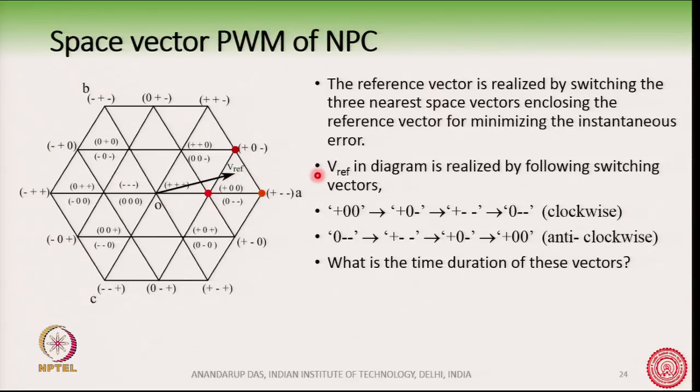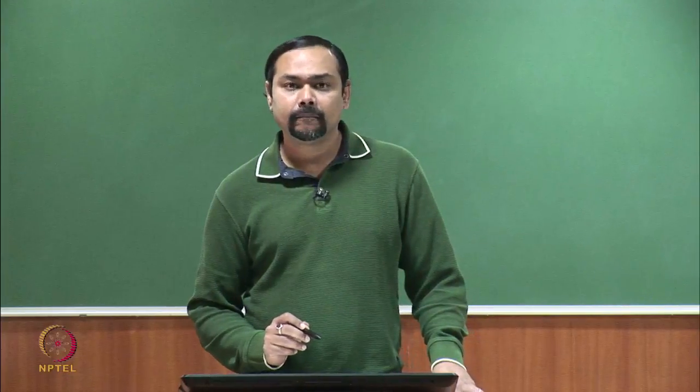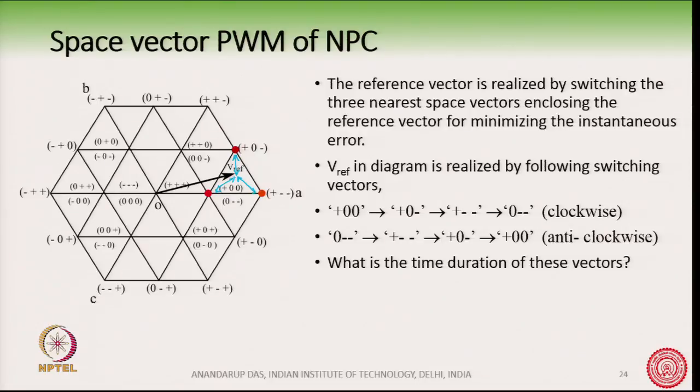Now, we have these three vectors which we are actually switching from the converter. So, therefore, we have this much of instantaneous error present between Vref and the actual vectors which we are switching, right. And this instantaneous error is the source of harmonics.